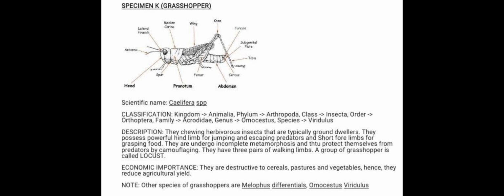We call that group a locust. Then for the economic importance, they are destructive to plants. They reduce agricultural output. Also, they can reduce the farmer's income. And there are other species of the grasshoppers like Melanoplus differentialis and Homoeoxipha viridulus.